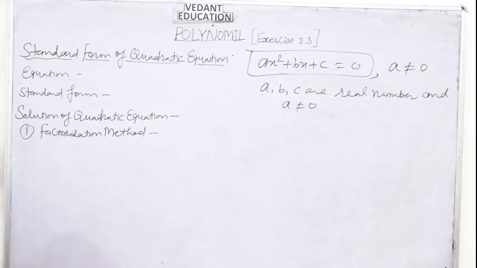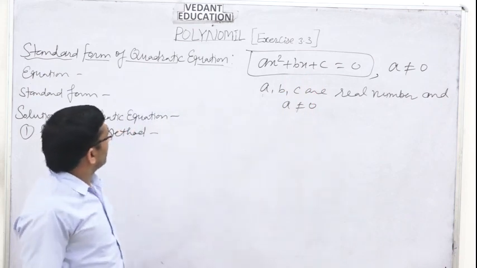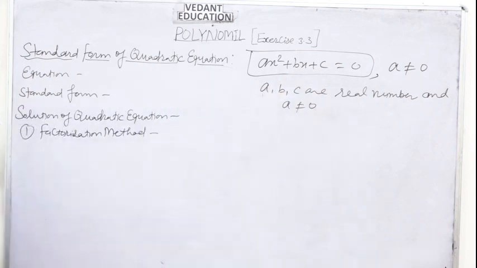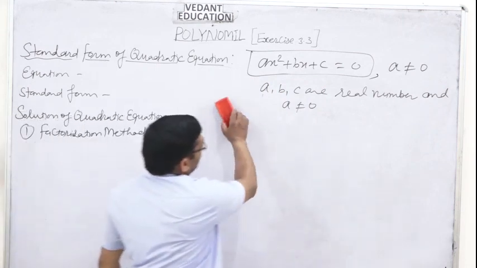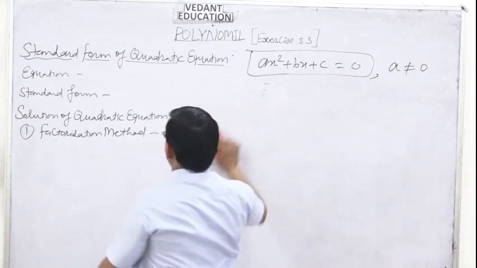It means a किसी भी कंडीशन में 0 नहीं होना चाहिए. So standard form of quadratic equation is ax square plus bx plus c is equal to 0, where a, b, c are real numbers and a is not equal to 0.